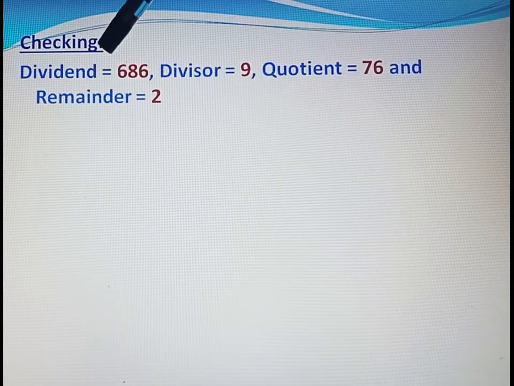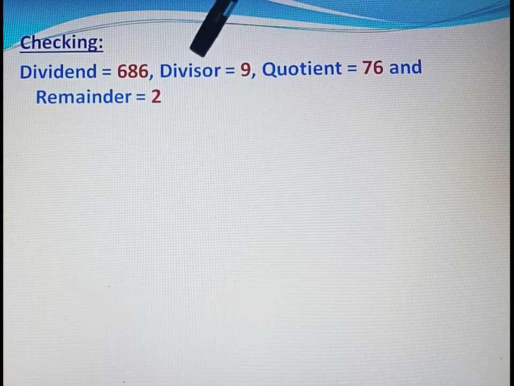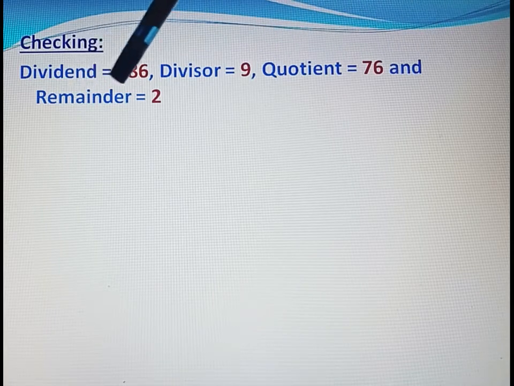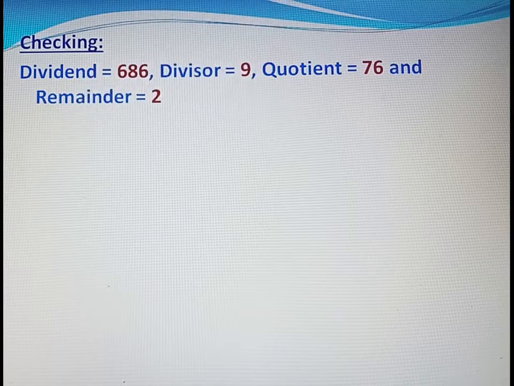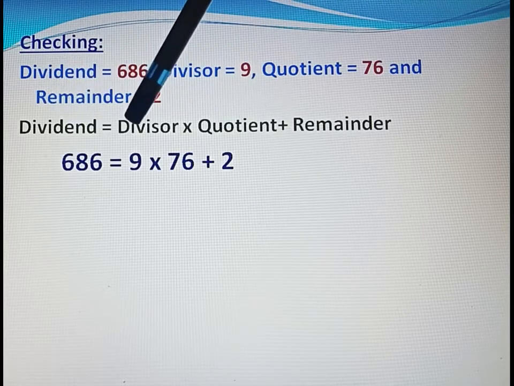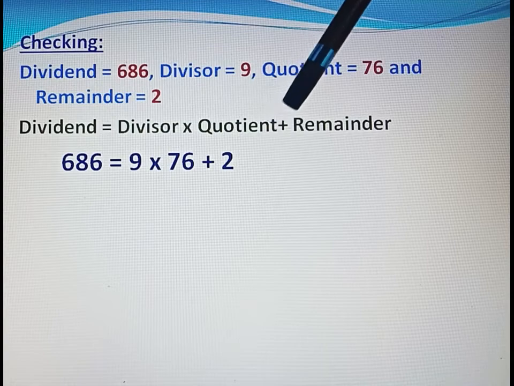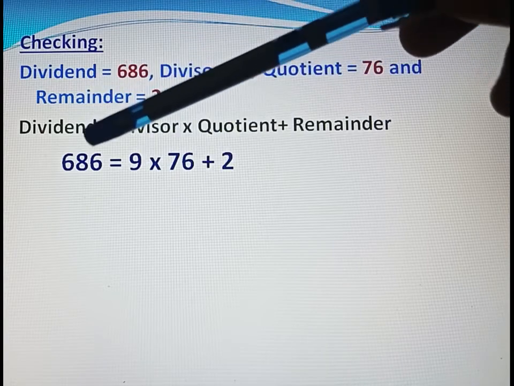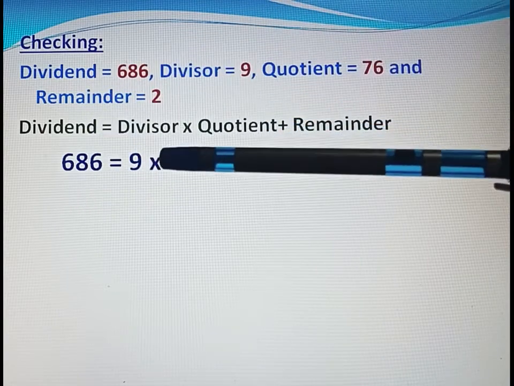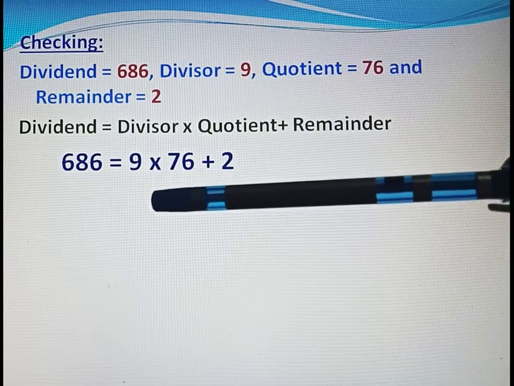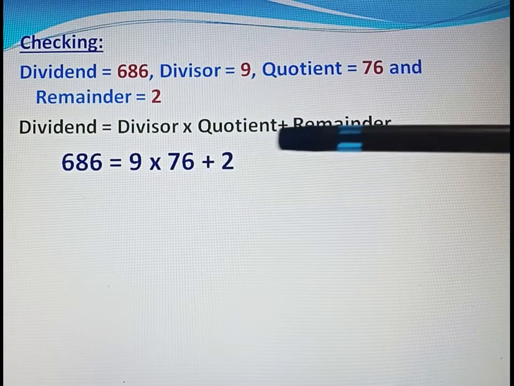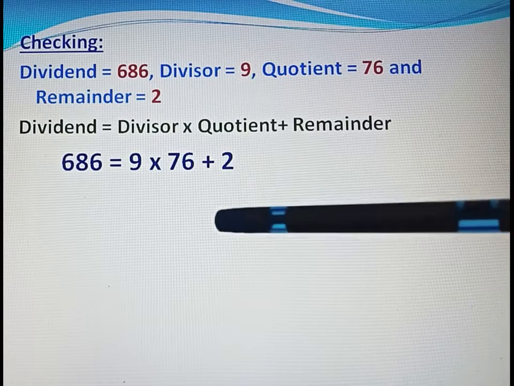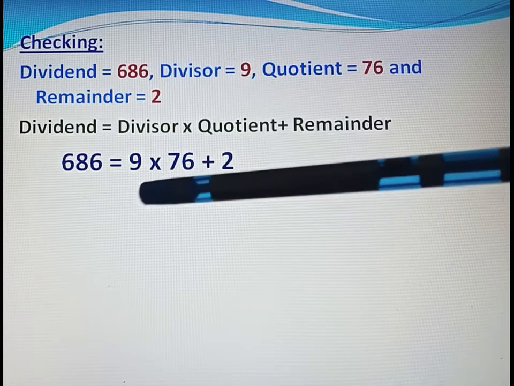Here dividend equal 686, divisor equal 9, quotient equal 76 and remainder equal 2. And then write the formula. Dividend equal divisor multiply quotient plus remainder. Dividend 686, divisor 9 multiply quotient 76 plus remainder 2. We will multiply first 76 by 9.